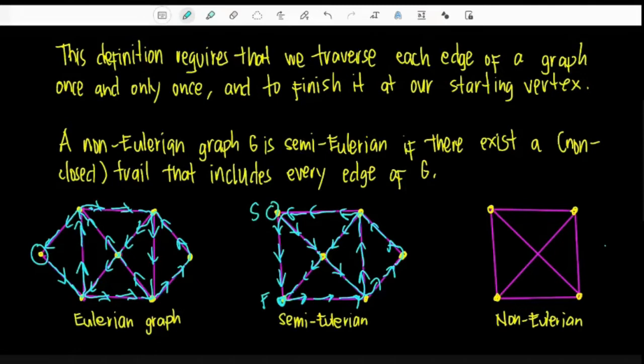Let's see. If I start, so let's start at this point. Now, I can go to any of the edges here. So let's go down here. Let's go down. And then let's choose to the diagonal. Let's go to the diagonal. And then let's go down.